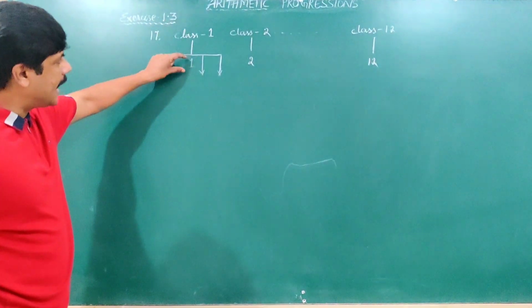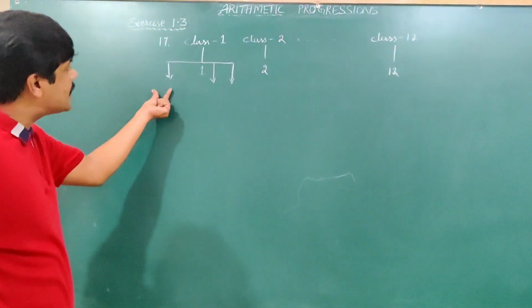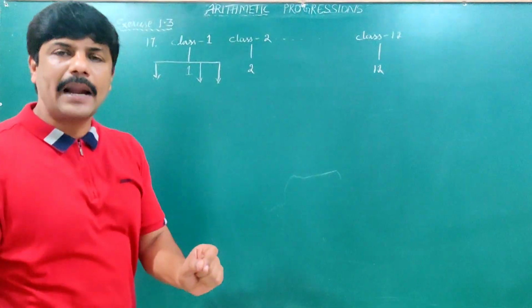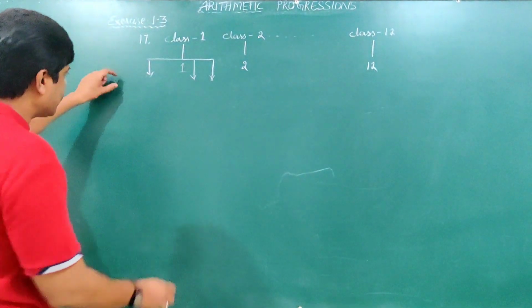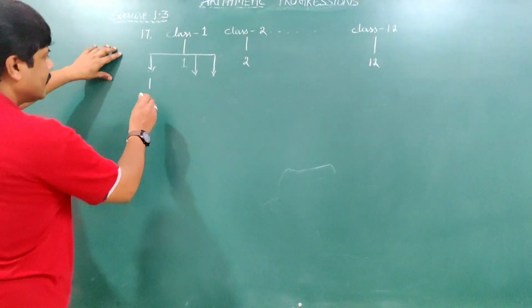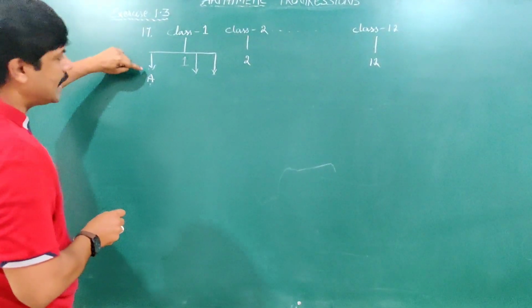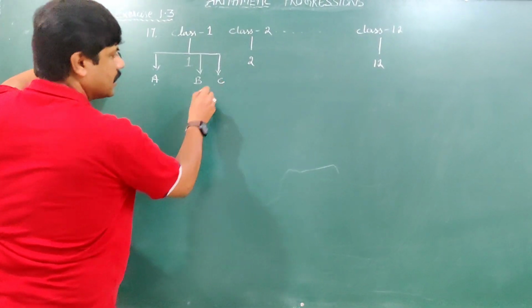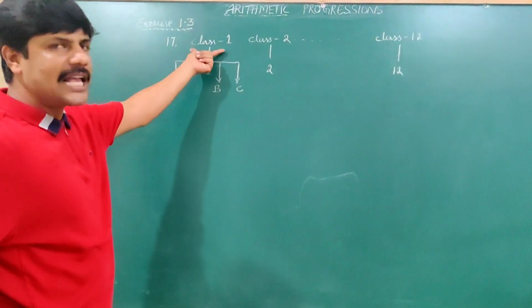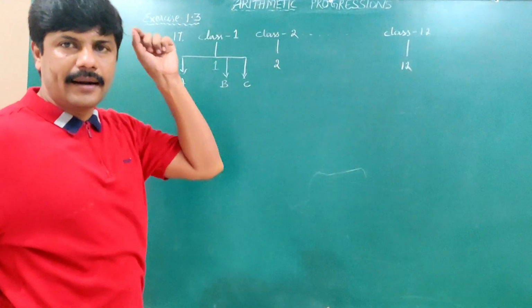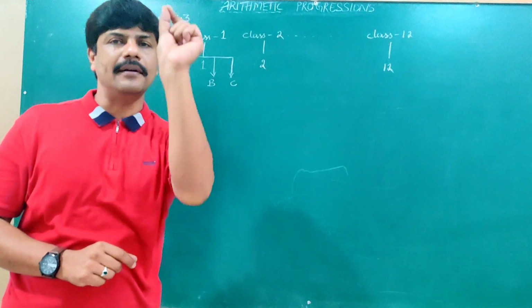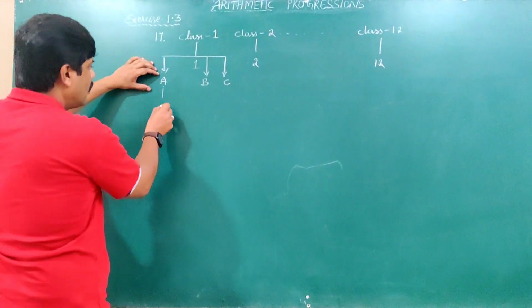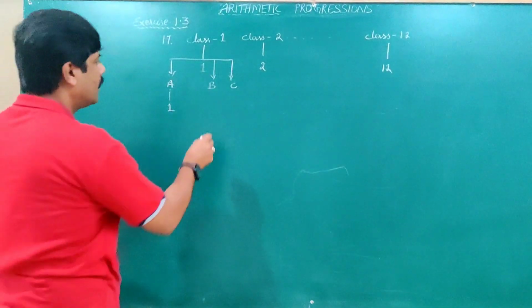Class 1, they have to plant 1 tree, but how many sections are there? 3 sections. So all the 3 sections will plant 1 tree each. That means this is class 1 A section, class 1 B section, class 1 C section. 3 sections are there. So class 1 students' work is to plant 1 tree, but since 3 sections are there, each section will plant 1 tree.